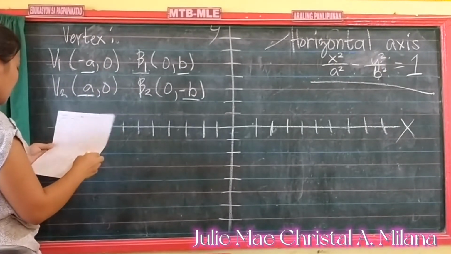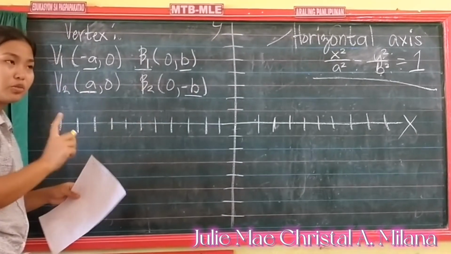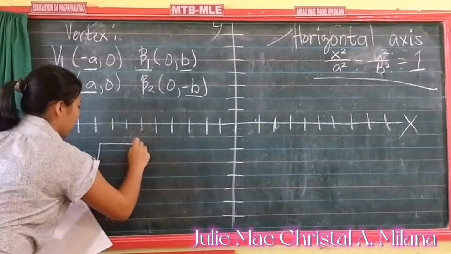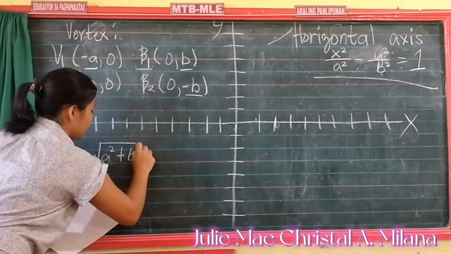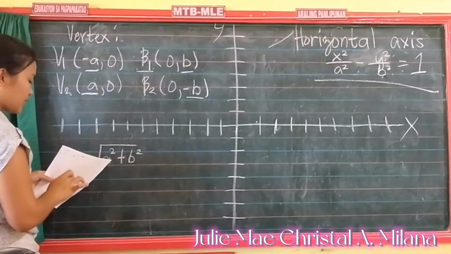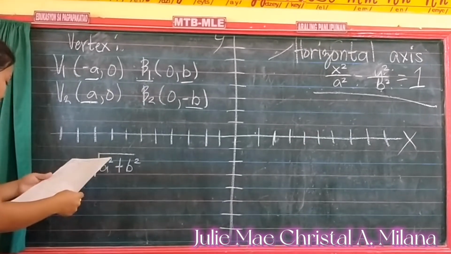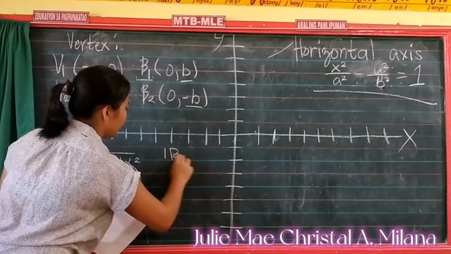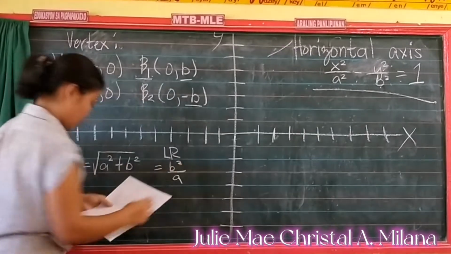Then, for c, we will use the Pythagorean theorem, which is c equals square root of a squared plus b squared. So getting c is the distance from the center to the focus. Then for the latus rectum, our formula is b squared over a.